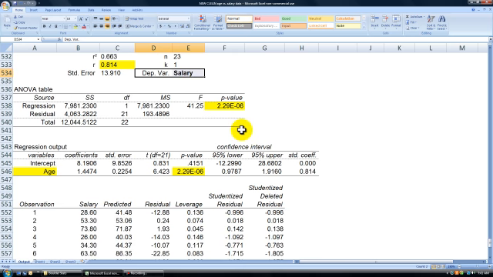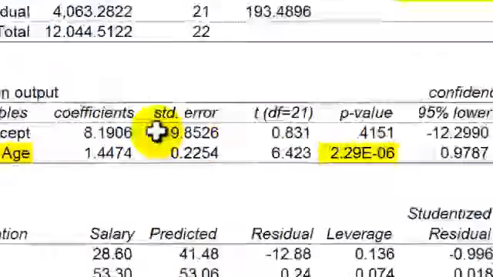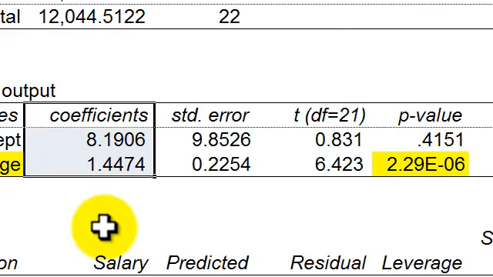Okay, the second to last thing that we're going to talk about on here is these coefficients. When we develop a regression equation, we actually use an intercept and a slope. Some of you may remember the equation for a line, y equals mx plus b. Using a similar format, we create an equation for the regression line.